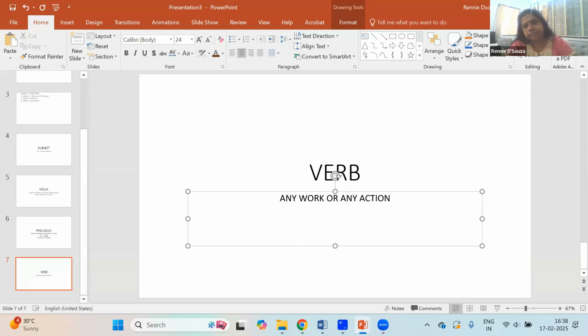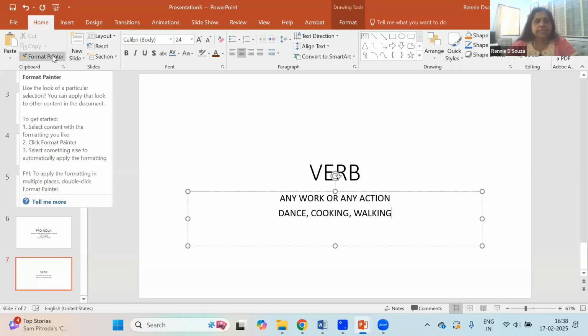Examples are dance, eat, come, go, walk, or cooking. Anything which is action or any work is called verb. Verb is nothing but any work.